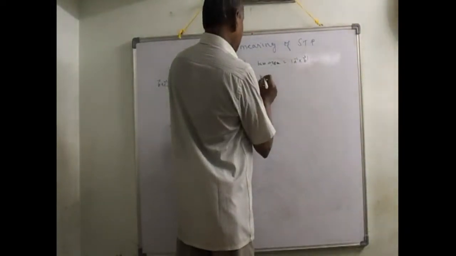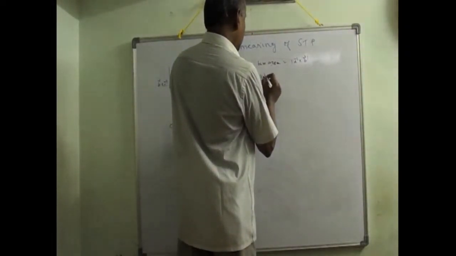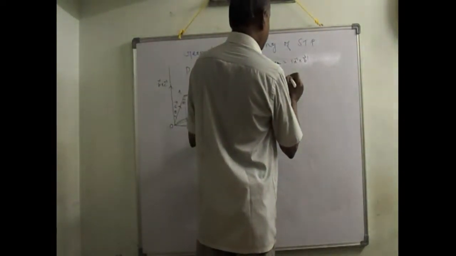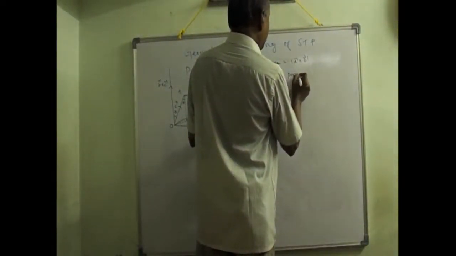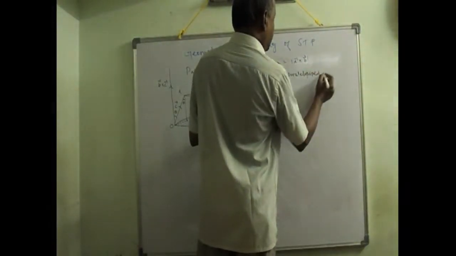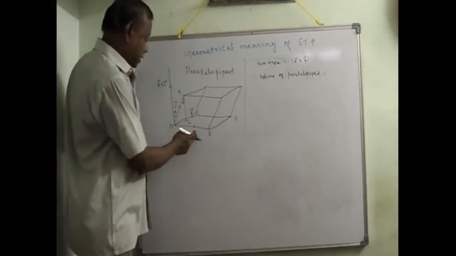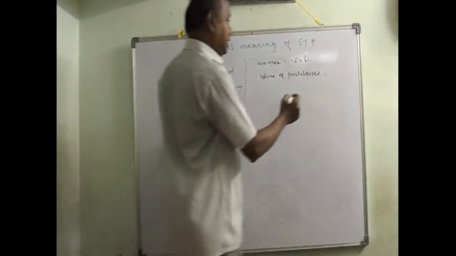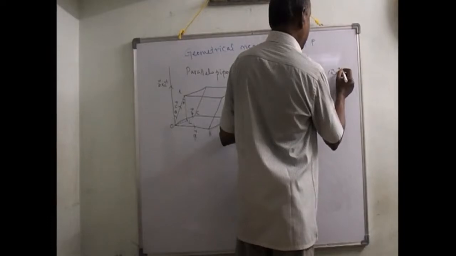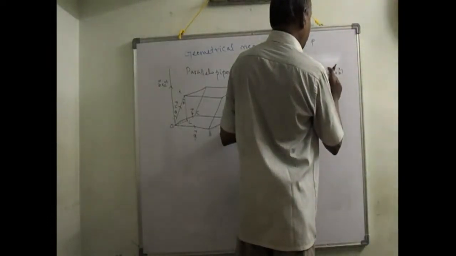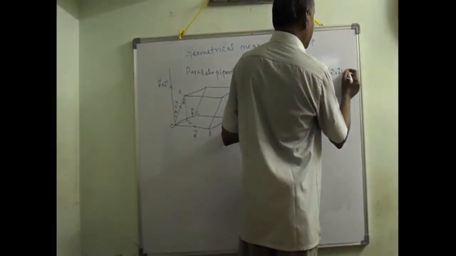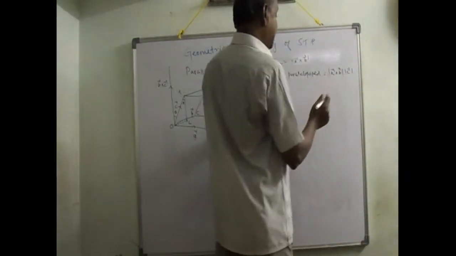Therefore, the volume of the parallelepiped is equal to A cross B dot C. That is the base area, modulus of A cross B, into modulus of C vector.